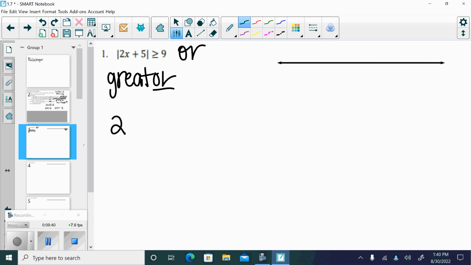So we're going to drop the absolute value. So the first one's going to look exactly the same. Just drop the absolute value. And then the next one, that left side stays the same. We're going to flip our inequality sign. And because we flipped it, we have to make it negative. Anytime your inequality sign flips, you have to make the right side negative.